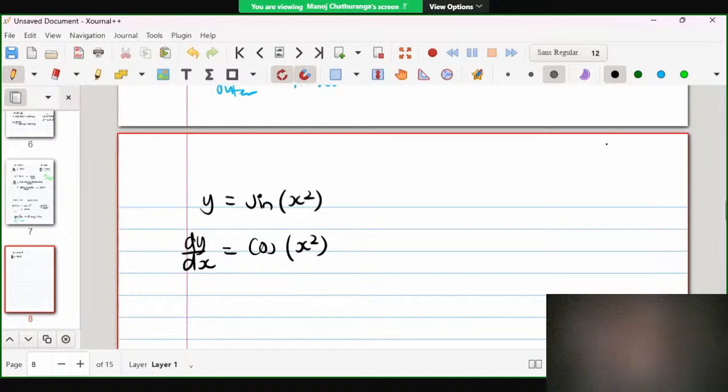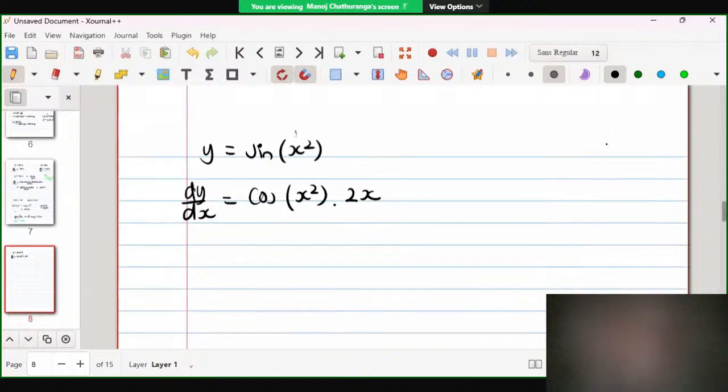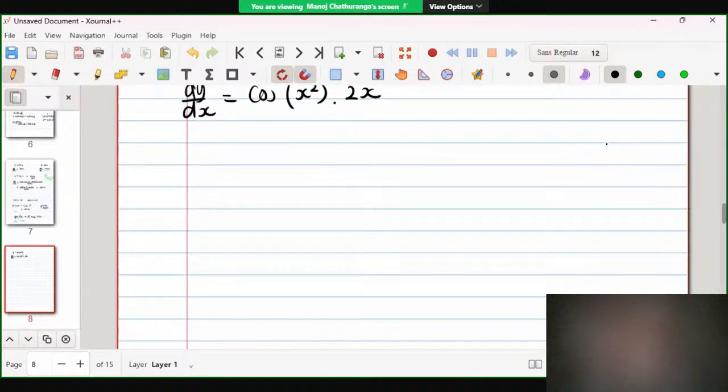Once we are done with the outer function, forget about it. Go inside, differentiate the inner function. Multiply it. This is how we differentiate a composition of functions. Not only this function, think about a chain of compositions.